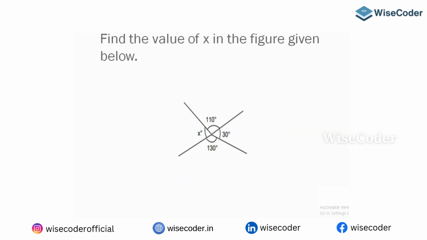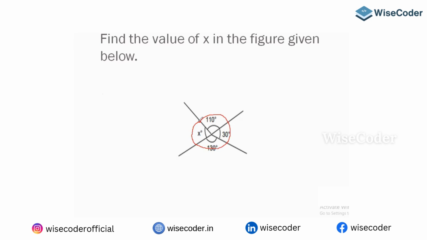So guys, tell me, find the value of x in the figure given below. So guys, this is a plane. There is no straight line here. When it is a plane, and what is this? A circle. A circle is equal to how many degrees? 360 degrees. Okay. So pause the video and try to solve this question.